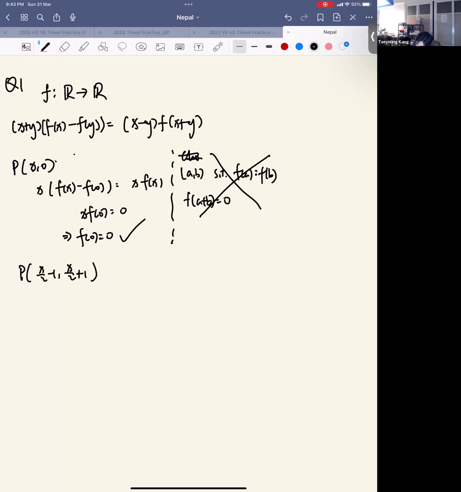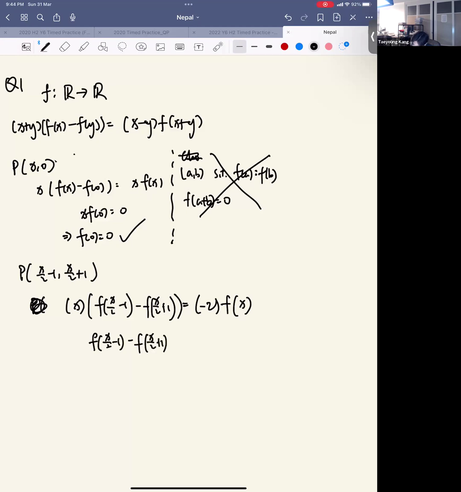This gives us x times [f(x over 2 minus 1) minus f(x over 2 plus 1)] equals minus 2 f(x), correct? So f(x over 2 minus 1) minus f(x over 2 plus 1) equals minus 2 over x times f(x).